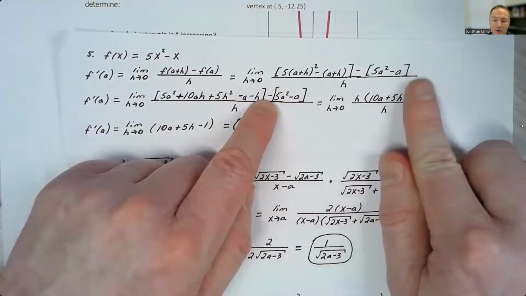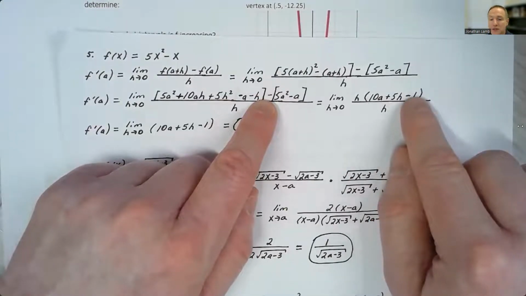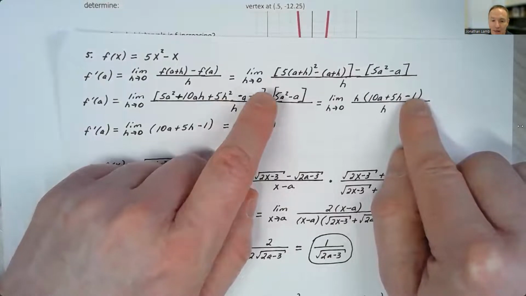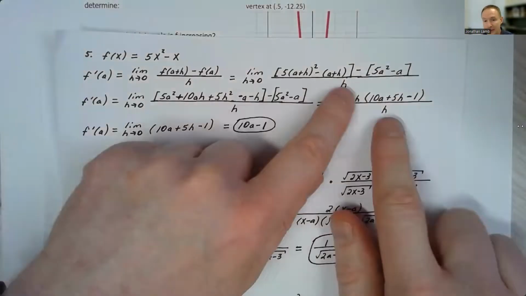A lot of students will make the mistake and say, oh, h over h cancels, and so you don't need it. Oh, you need it. H over h is 1, must have it because it's being subtracted. Okay, so now I have my h times this group all over h. This is the point in the problem where you can eliminate h.